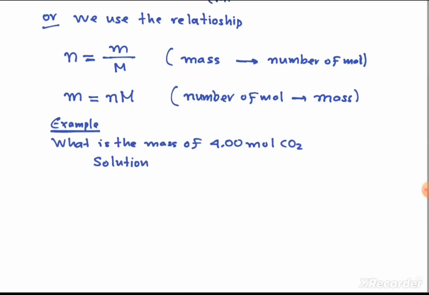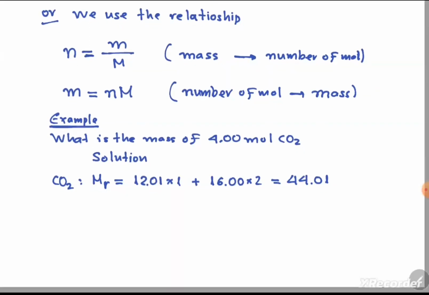So we need the value of MR. For carbon dioxide, MR is equal to AR of carbon, which is given, times 1, plus AR of oxygen times 2, and the value is 44.01. So we know the molar mass.